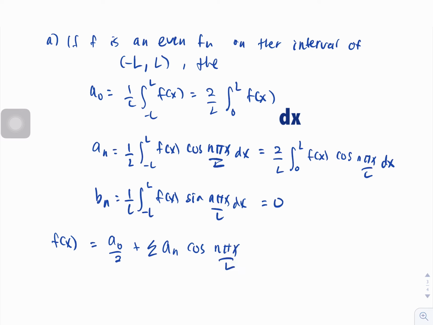Yes, that's it. We don't have to add b_n sine(n pi x over L), since our b_n is equal to 0, and 0 multiplied by anything gives 0. Therefore, this is our Fourier cosine series.